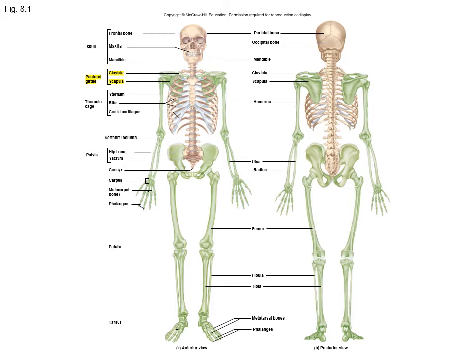Once you have your worksheet for chapter 8, your bone list for chapter 8, which can be found in the exam 2 folder on D2L, go ahead and locate the appendicular skeleton.